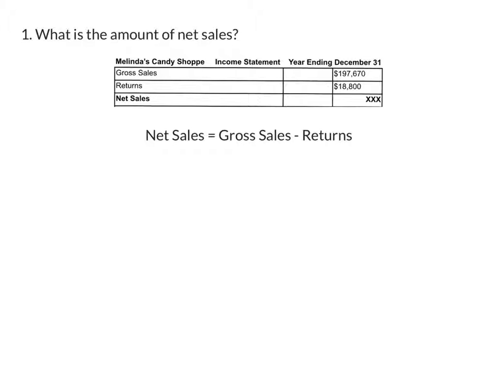First, we're asked to find the net sales. And net sales is given by the formula gross sales minus returns. So we're simply going to go to our sample income statement and identify the gross sales. Gross sales is $197,670.